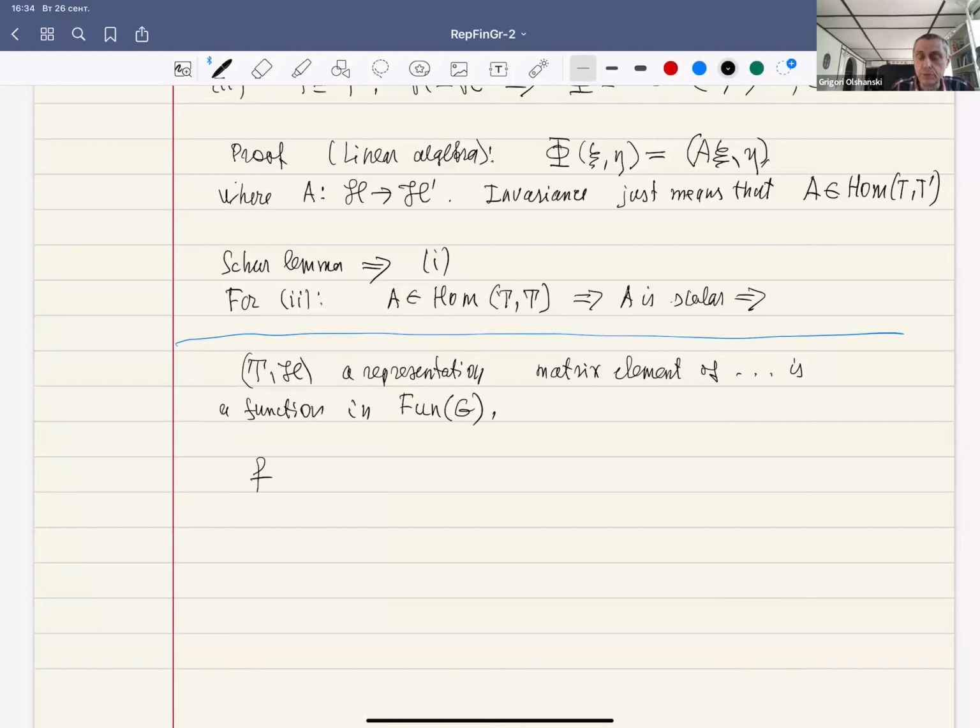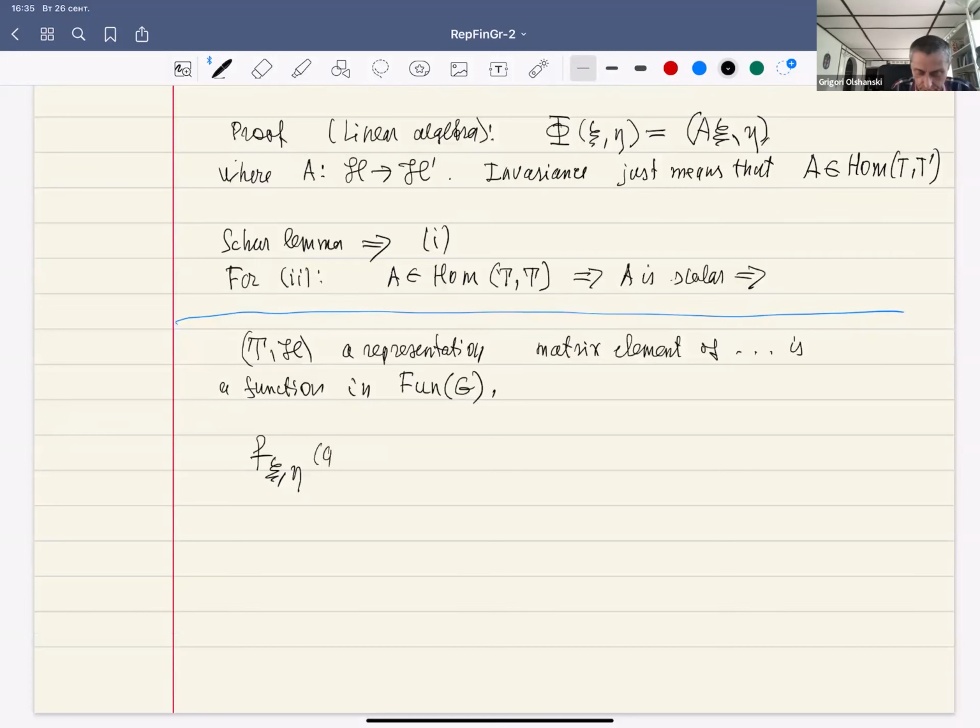It depends on two vectors, psi and eta. I would like to say that I will assume that our representations are unitary. So we have a fixed invariant scalar product.